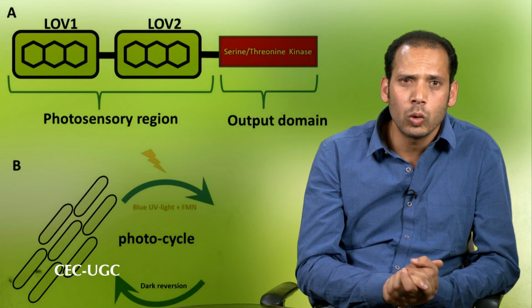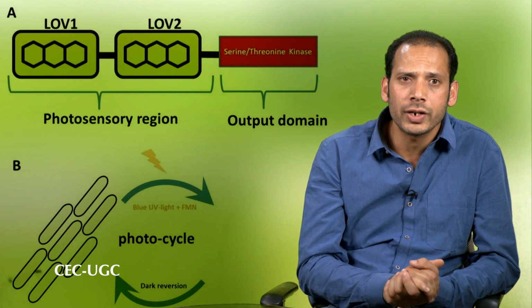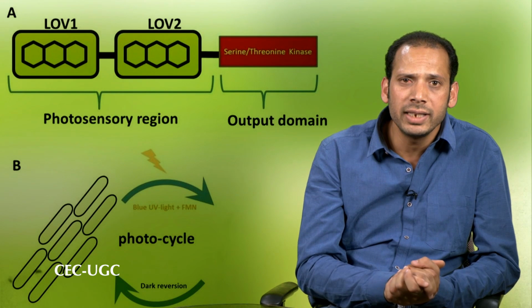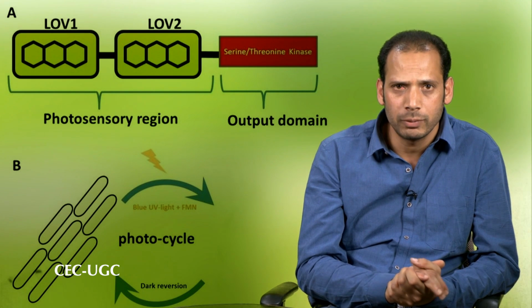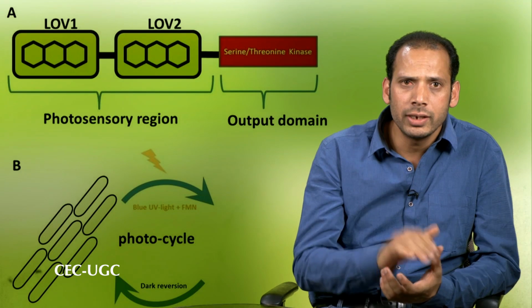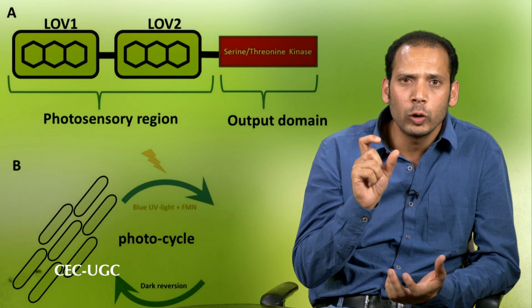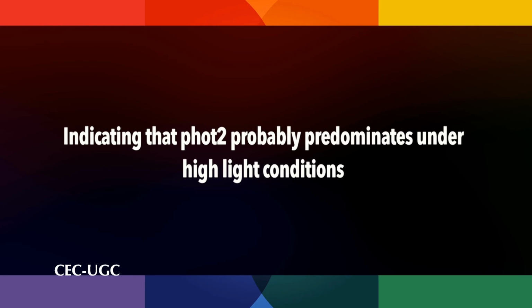Each study showed that the avoidance response is absent and that the accumulation response can occur even at the highest light levels so far tested. Evidently, Phot2 activated at high fluence rates counteracts the action of another photoreceptor that mediates the accumulation response. Both studies also found that Phot2 gene expression is upregulated by light, indicating that Phot2 probably predominates under high light conditions.